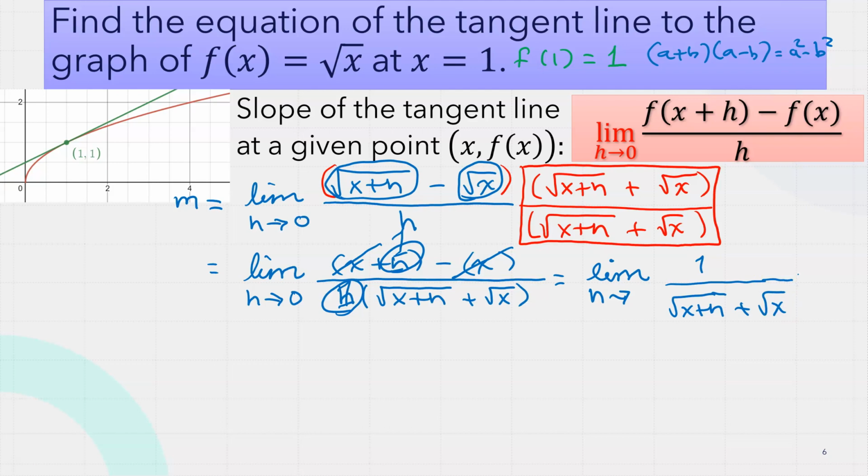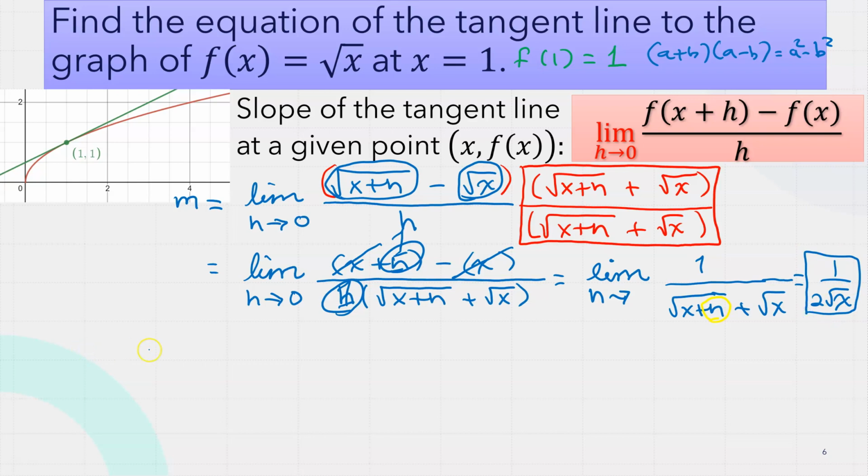Well, imagine when h goes to 0, then you will have the values of that being just like square root of x. So then you will have 1 over 2 square root of x. That is your slope function.